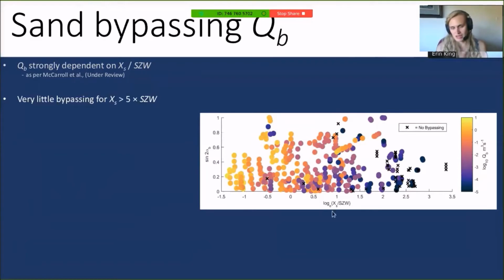We have the log scale with the ratio of headland extent over surf zone width on the x-axis. On the y-axis we have the breaking wave angle, and we see very little bypassing when the headland is more than 5 surf zone widths in length across shore, and we have greater bypassing when you have a smaller headland relative to the surf zone width.